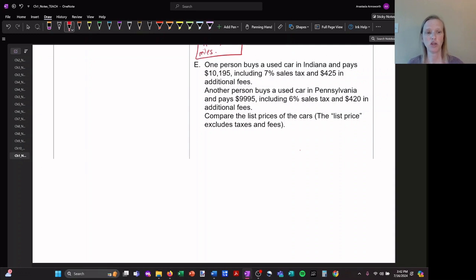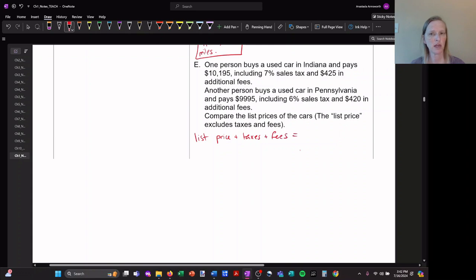So the list price plus taxes plus fees equals the total price. That's the general word equation that captures what we're doing. We've got to do this twice, once for Indiana and once for Pennsylvania.